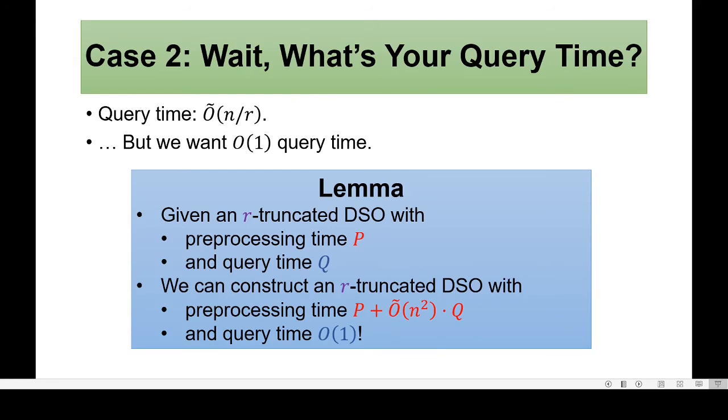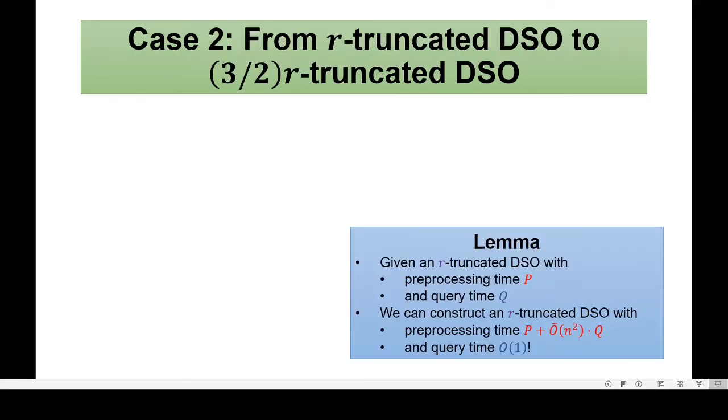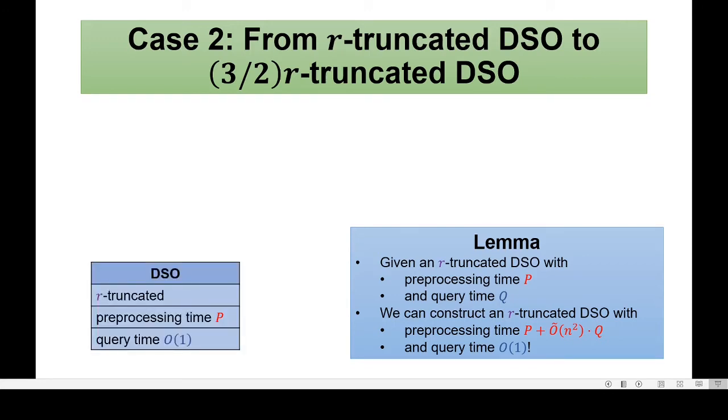So here comes a magic lemma, which says that given an r-truncated DSO with preprocessing time p and query time q, we can construct an r-truncated DSO with preprocessing time p plus tilde O n squared q and constant query time. With this lemma, we can finish our boosting theorem from r-truncated DSO to 3/2 r-truncated DSO. First, we have an r-truncated DSO with preprocessing time p and constant query time.